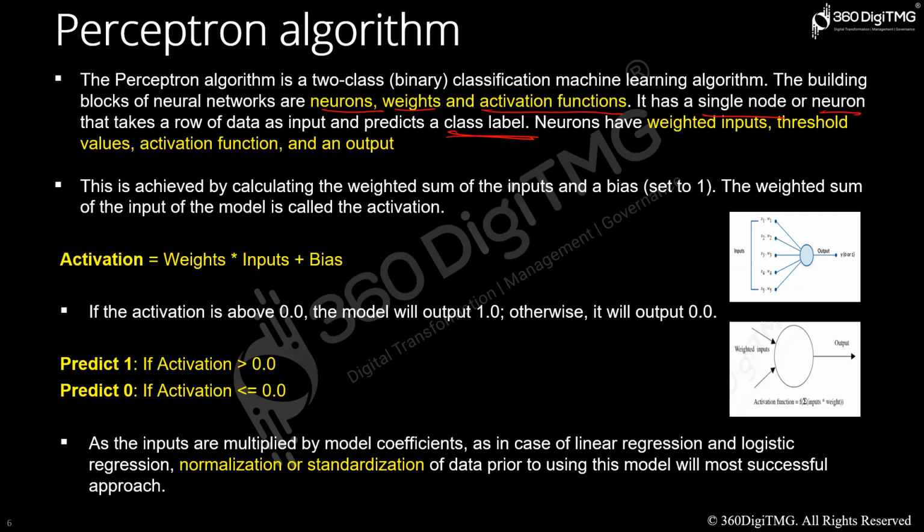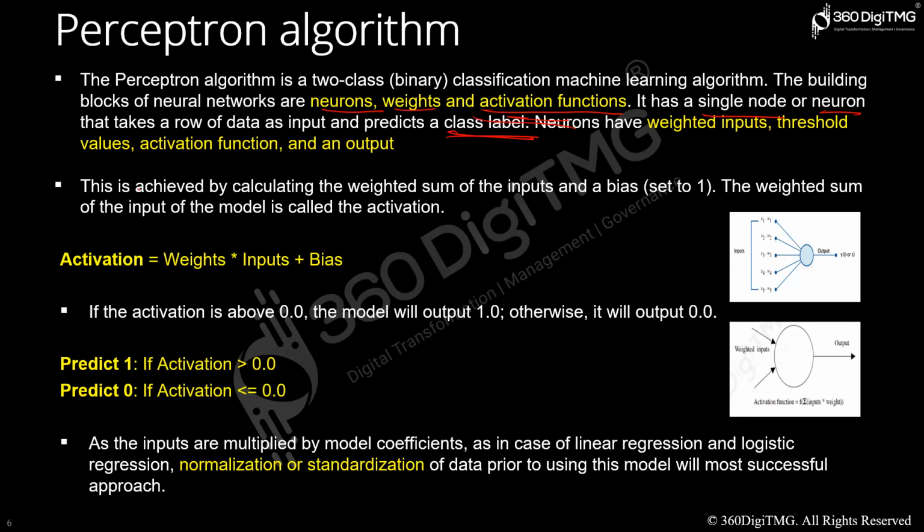So how is this achieved? This is achieved by calculating the weighted sum of inputs and a bias that is set to 1. So here the weighted sum of input of a model is nothing but an activation. So what exactly is an activation?